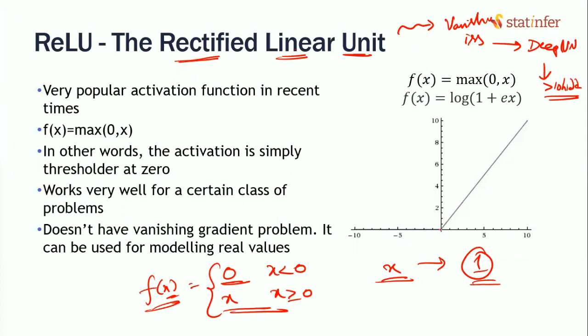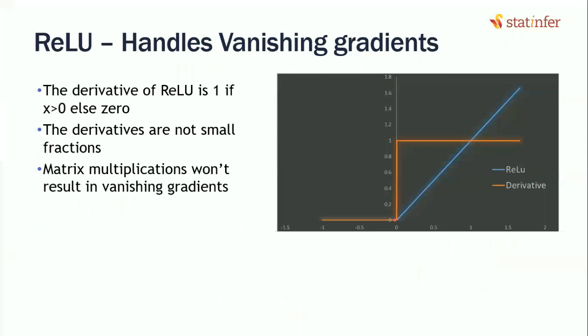If the input value is less than 0, it will be 0. If the input value is positive, then it will be the same value. This is kind of a linear unit, but it is not completely linear. Rectified linear, that is what this is. It is either 0 or x. The speciality is that when it is less than 0, the derivative is anyway 0, since the derivative of 0 is 0.